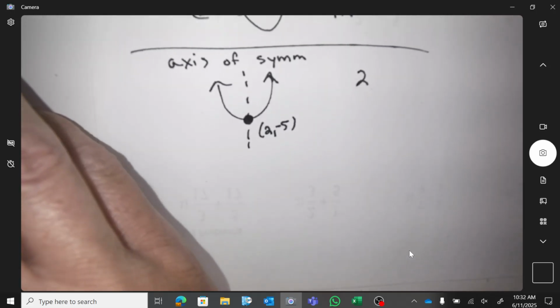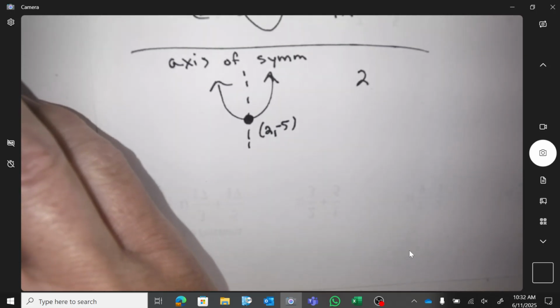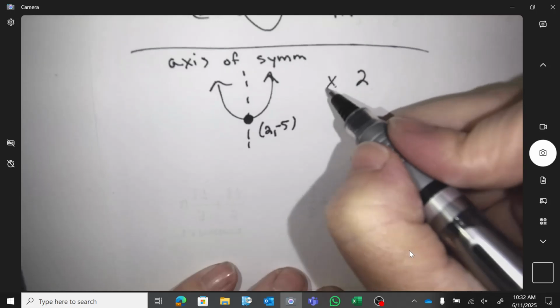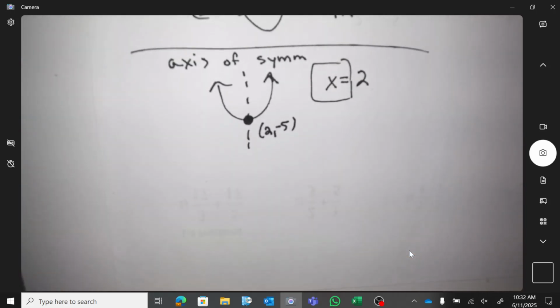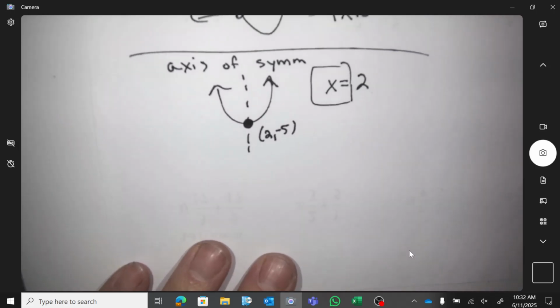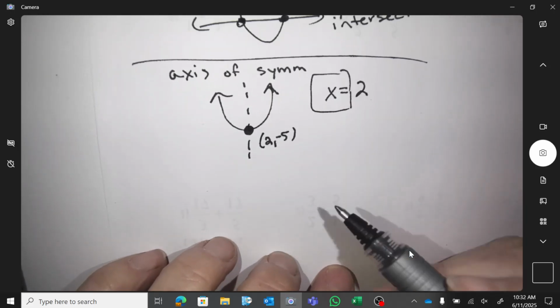What do you think I want to do differently on that one? Okay, good. X equals. Make sure you have that in there, because that's the creation of the vertical split there.